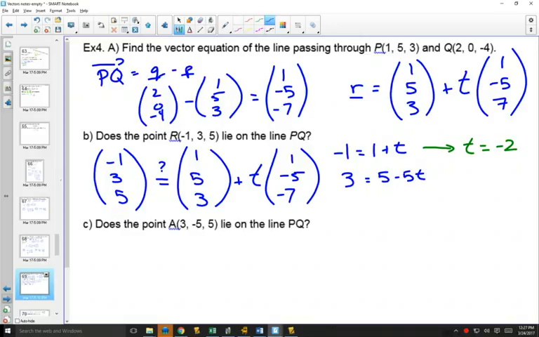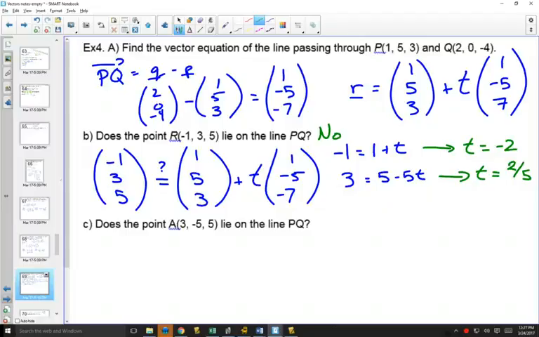If you solved for this, t would equal 2/5. So I already know my answer to this question. I don't even have to do the third one. My answer is going to be no. Because if that point is on the line, then there has to exist a scalar t that makes that work.